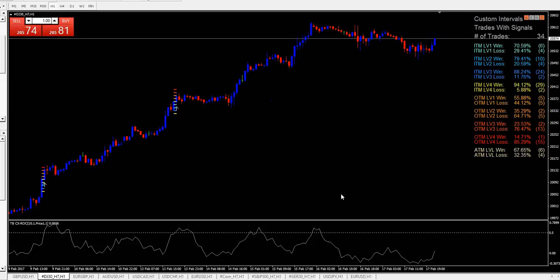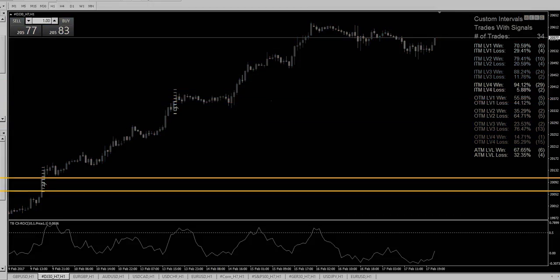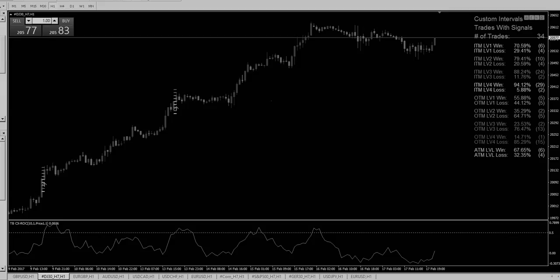MACD worked good. Jim asks, would it be useful if the probabilities were sent with the signal notifications? Any chance of that? Actually, I talked to Matthew about that the other day and then I forgot about it. So I will remind him. Hang on, let me send him this picture here, and I'm going to ask him about that, and I will let you know, Jim, because I don't know.